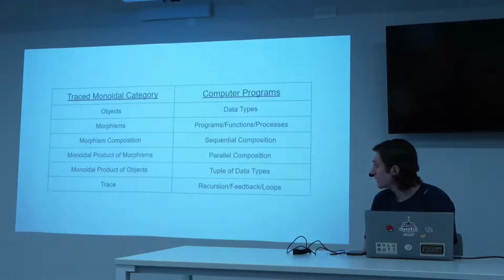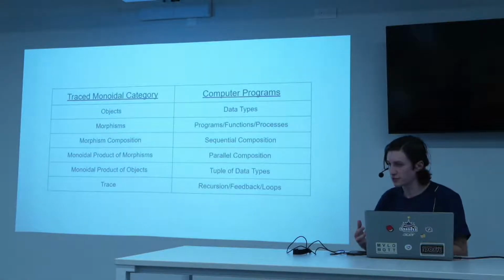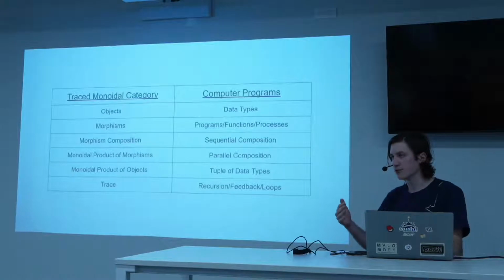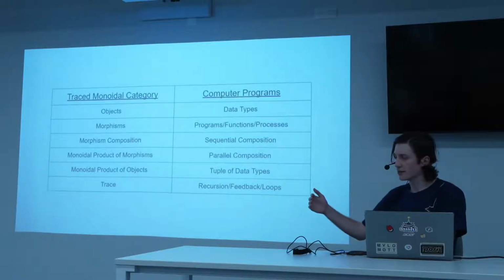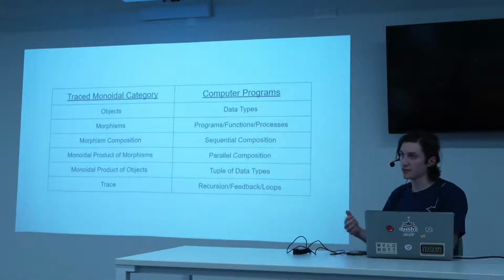The monoidal product is special in that it acts on both morphisms and objects. If you think about trying to define what the input is for two programs being computed in parallel, you're trying to add together both of their inputs and add together both of their outputs.